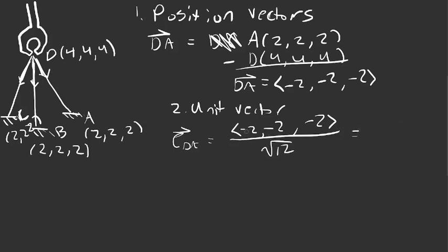And all we're going to do is divide -2 by the square root of 12. Okay, so all of these are going to be -0.577, and so on. And that is going to be our unit vector.